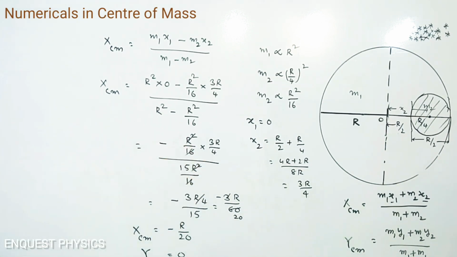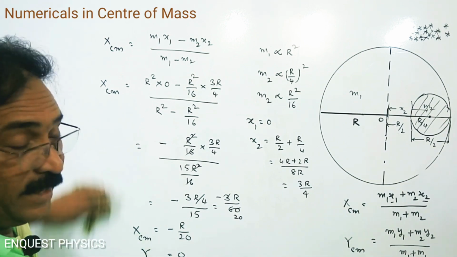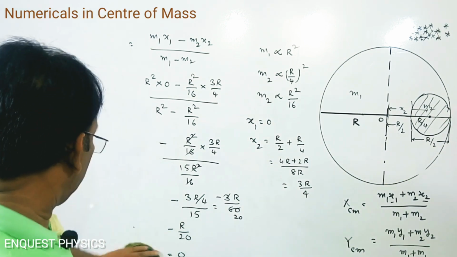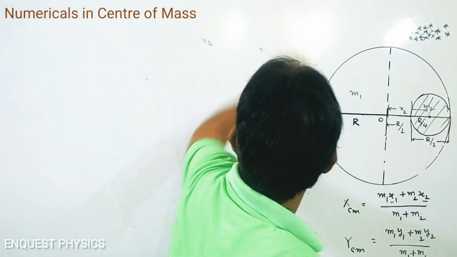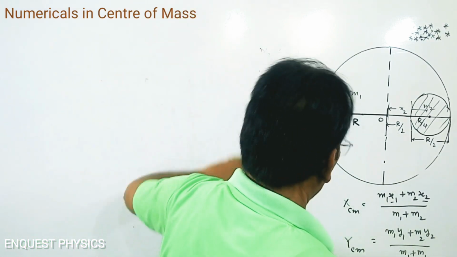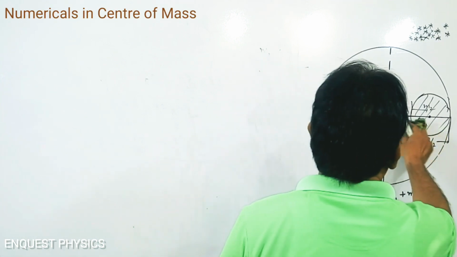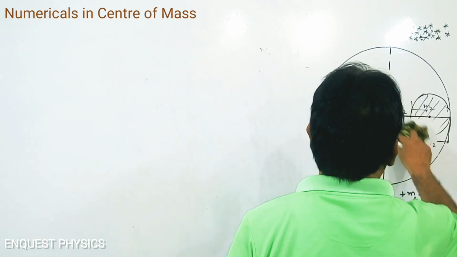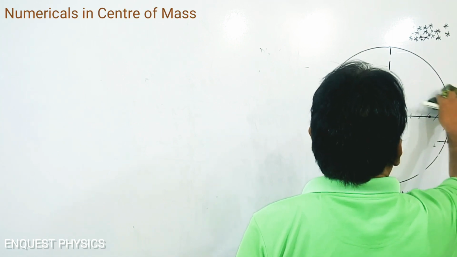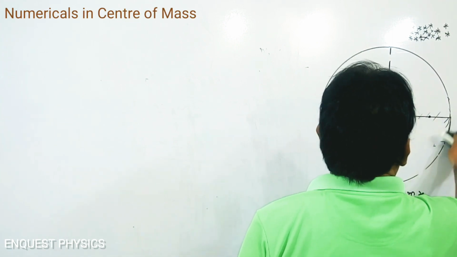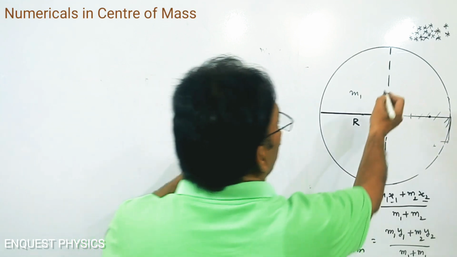We just have to find out the masses, then things will be easier for you. See, students, here it's a circular plate. This time, what happened?